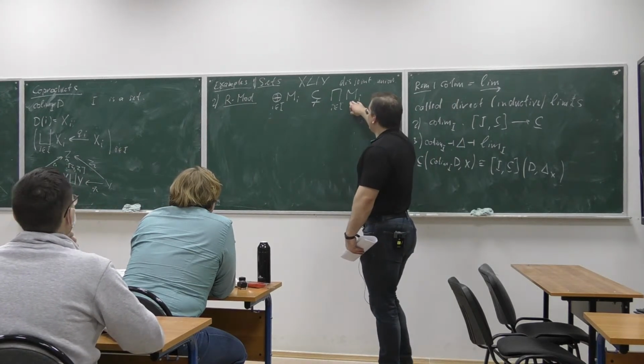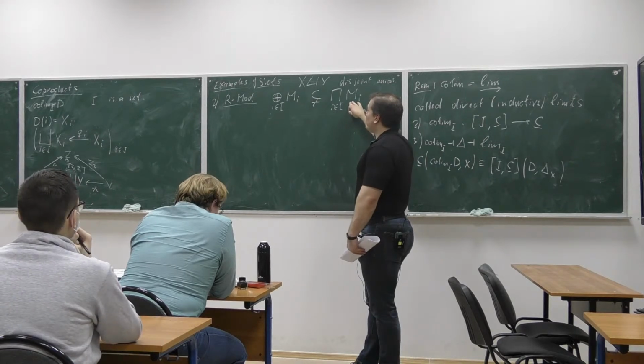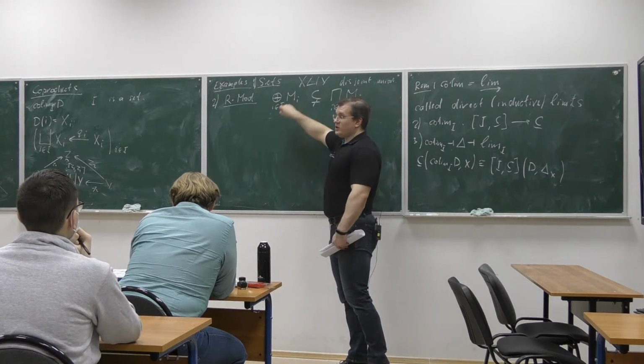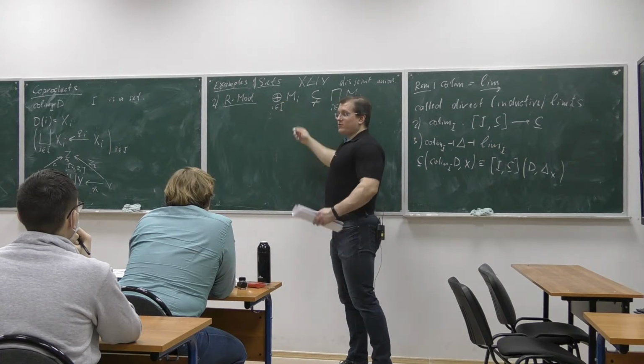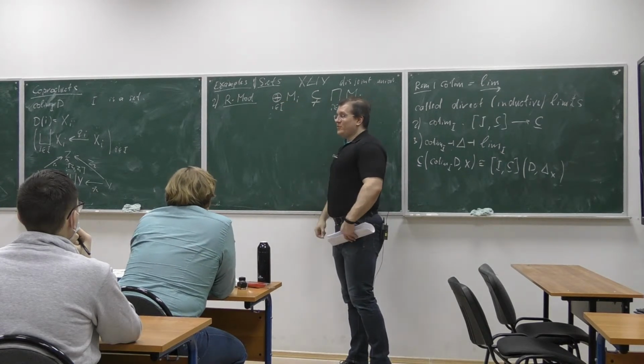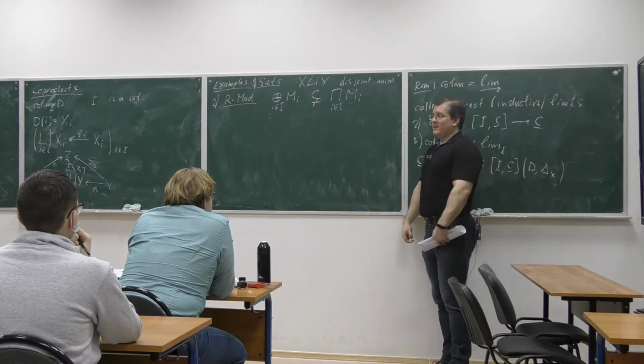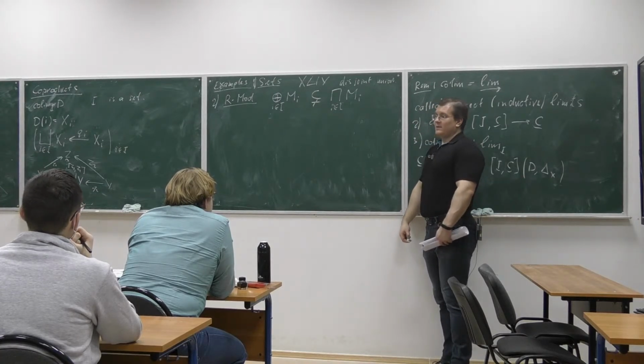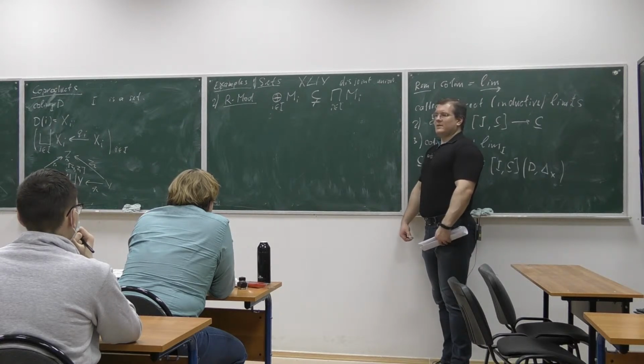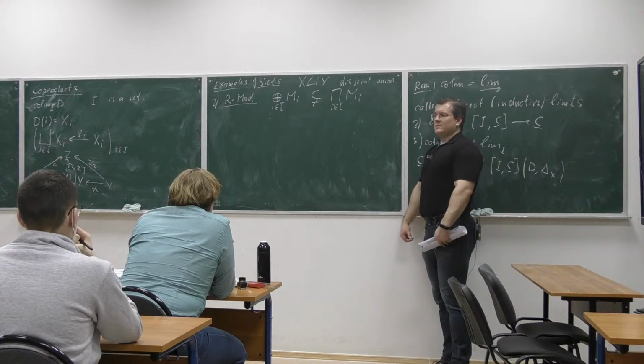For the product, we have projections with the universal property, and for the coproduct, we have canonical injections with the universal property. If you try to switch them around, you won't be able to prove the universal properties. This is applicable to all universal objects, not only R modules.